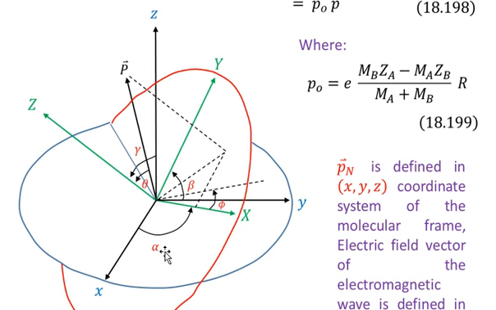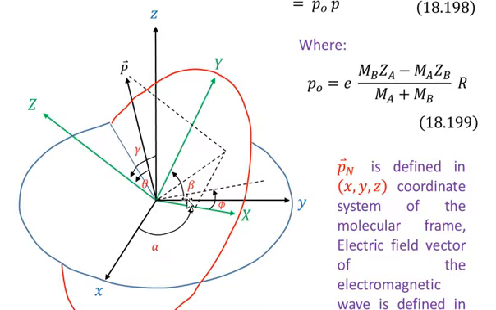Alpha is the angle between the small x axis and the capital X axis. So it means that if you rotate the small z axis clockwise by an angle alpha, then this small x axis will coincide with the capital X axis.